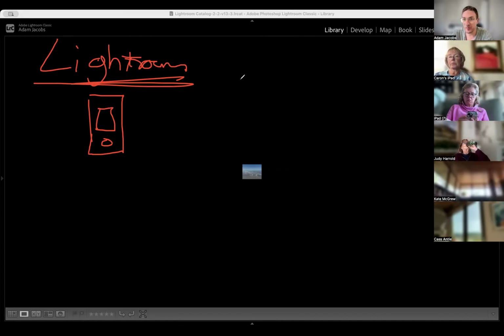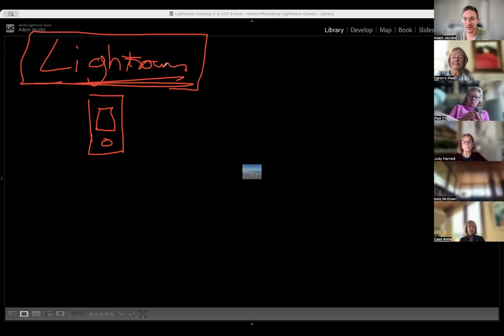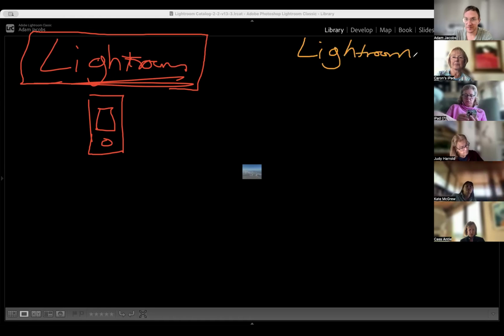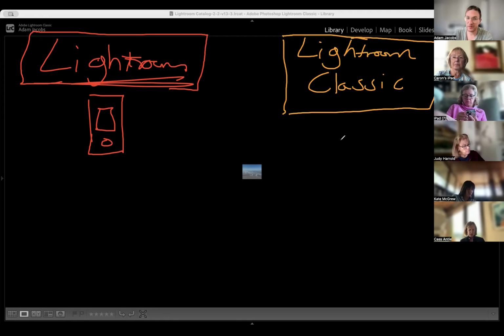As iPhones, and any phones, have become more popular for photography, they decided to call Lightroom Lite just Lightroom on its own. This is now the mobile version, but it's called Lightroom. It's not called Lightroom Mobile anymore, which was really easy to understand. There's another version of Lightroom that's got like 80% more stuff called Lightroom Classic. And Lightroom Classic is the one that we want to put on our computers.